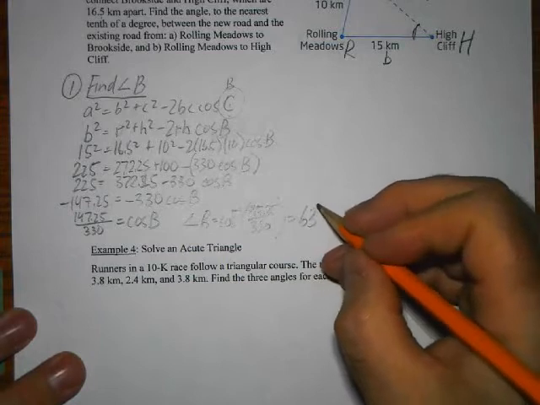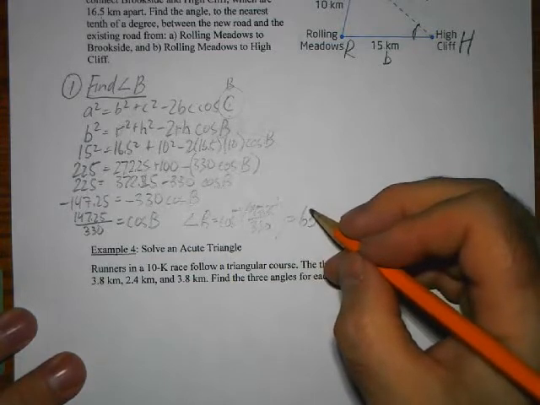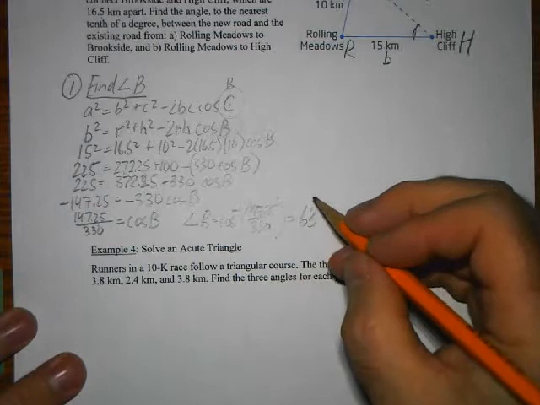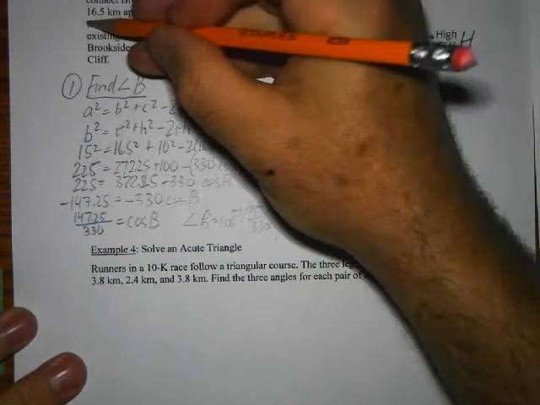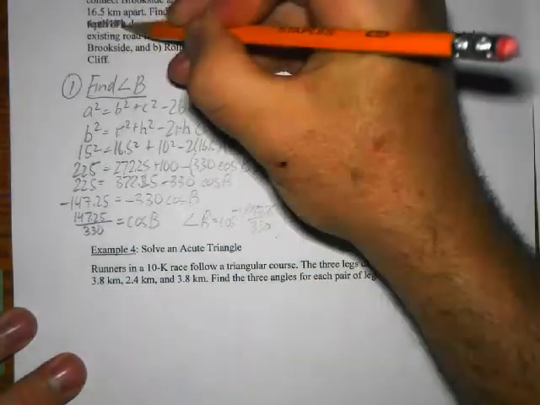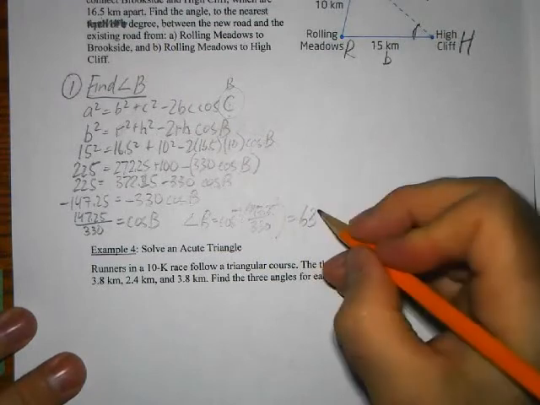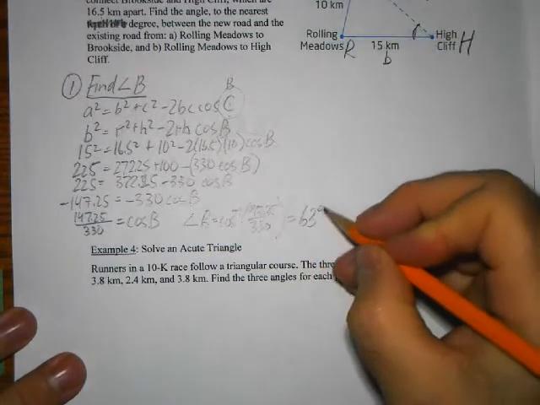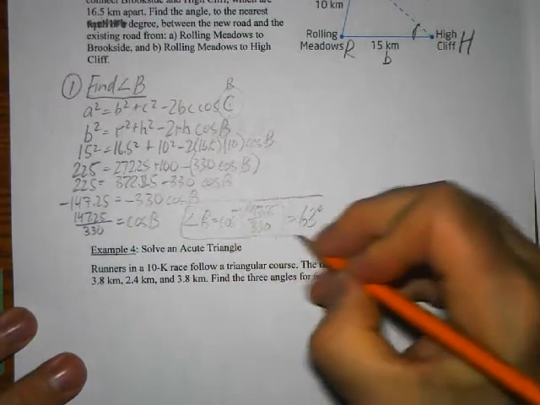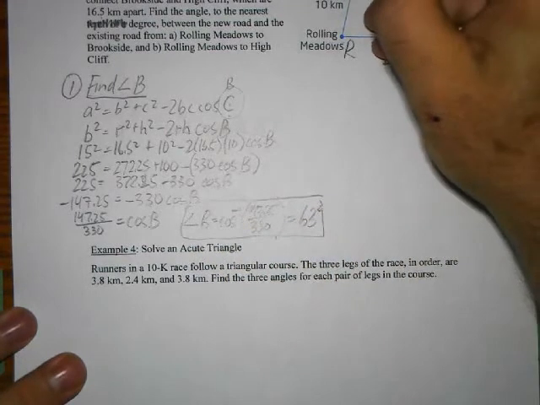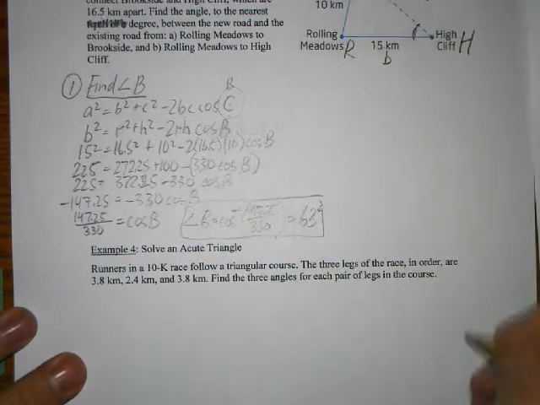Normally we don't do angles to tenths of degrees, so I'm going to ignore that. I'm just going to do it to the nearest degree. So 63 degrees is angle B. So I could go back up here and put 63 there. Okay, so that gives me angle B.